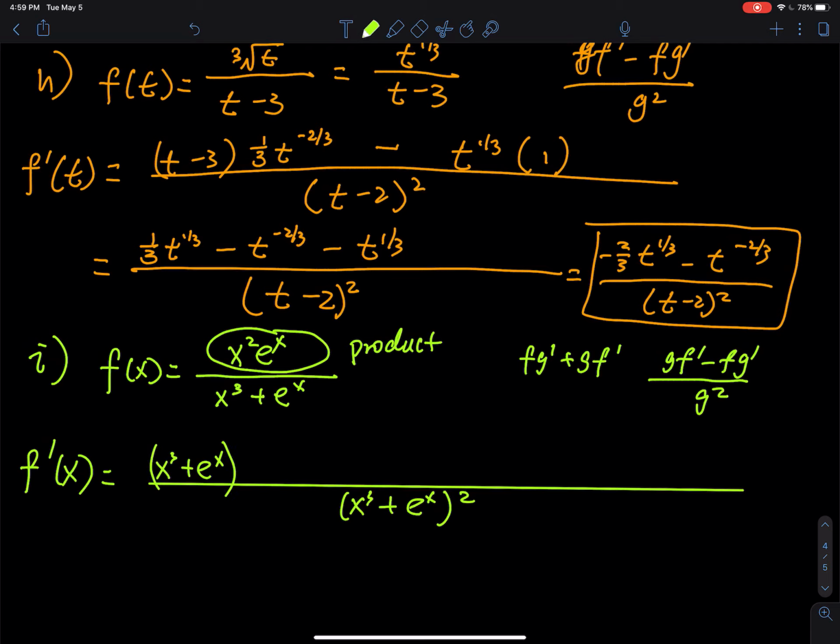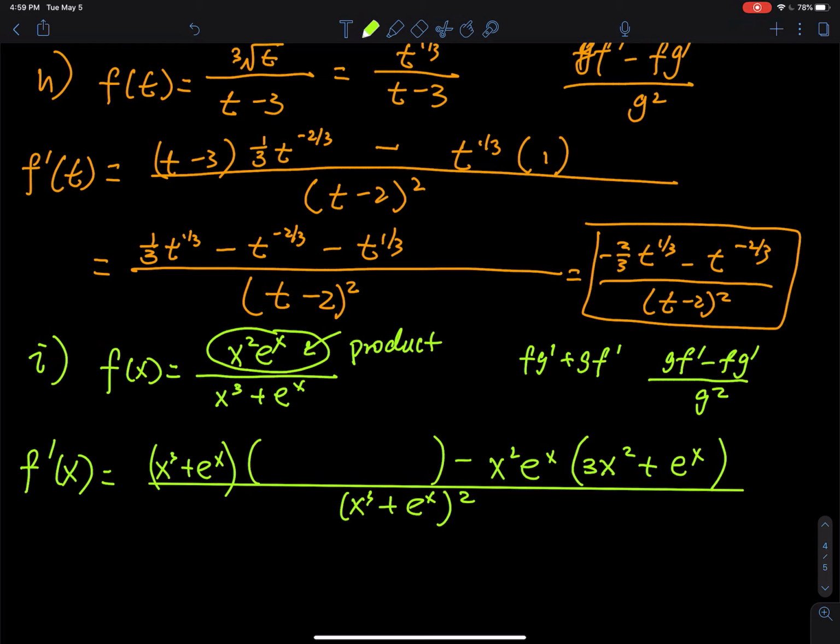We do f prime, but the f prime itself, right there, that one itself is already a product rule. Okay, so we have to put a product rule right here, and then minus f times g prime, which is the derivative of the denominator. So you bring the 3 down, so 3x squared plus e to the x, right? Take care of the product rule for me.